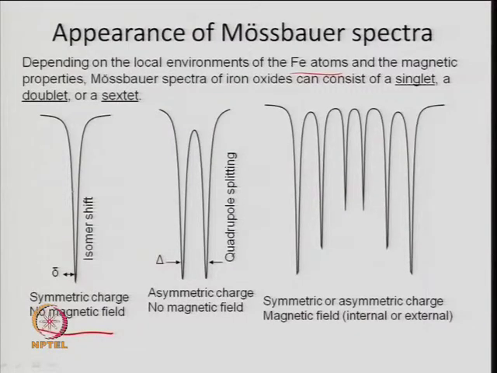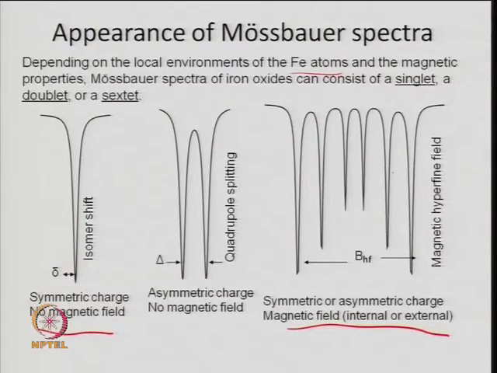For an asymmetric charge with no magnetic field, there is a splitting, but the effect is not measured. In the case of an asymmetric charge and a magnetic field, you get six peaks. So one can compare the oxidation states of the iron present on the catalyst using this.